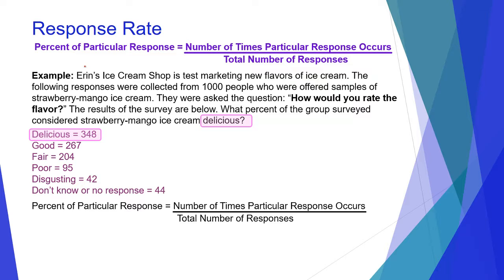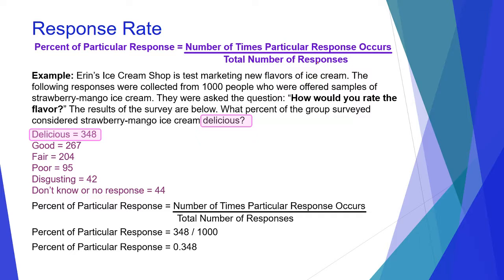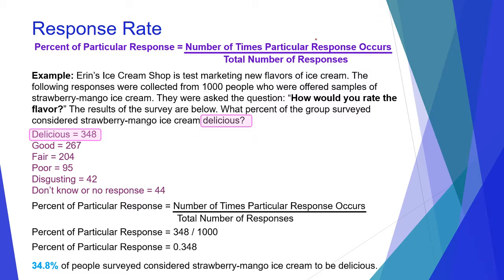We're going to divide 348 by 1,000, giving us 0.348. We need to convert that into a percentage. That means we need to move the decimal 2 to the right, giving us 34.8% of people surveyed considered strawberry mango ice cream to be delicious.